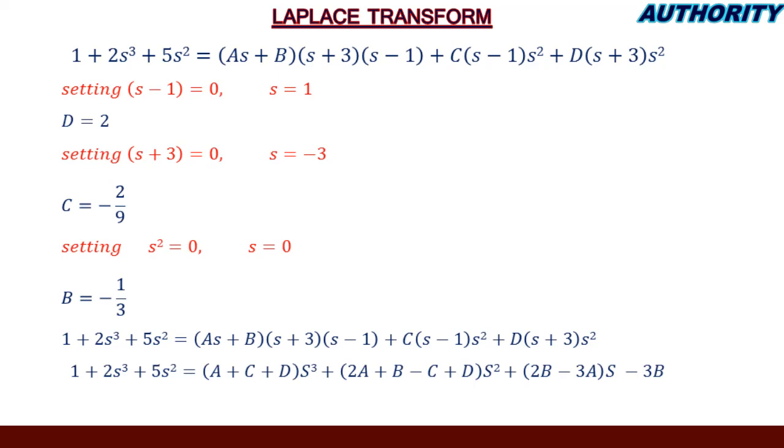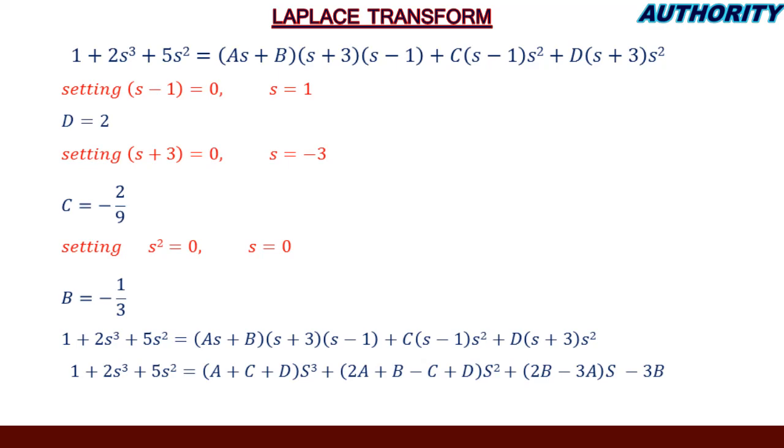We are going to see that 1 plus 2s cubed plus 5s squared is equal to a plus b plus d in bracket s cubed plus 2a plus b minus c plus d in bracket s squared plus 2b minus 3a in bracket s minus 3b. This is what we have.